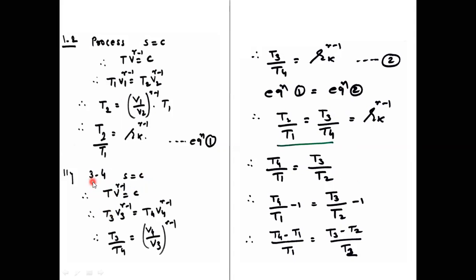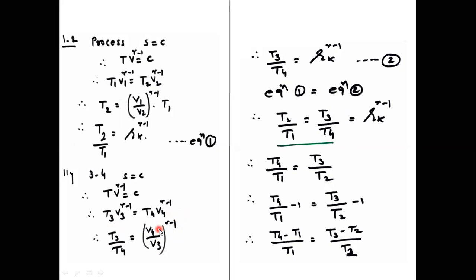So T3 V3 raised to gamma minus 1 is equal to T4 V4 raised to gamma minus 1. So I take T4 on the left hand side and V3 raised to gamma minus 1 on the right hand side. So the equation becomes T3 divided by T4 is equal to V4 divided by V3 raised to gamma minus 1.